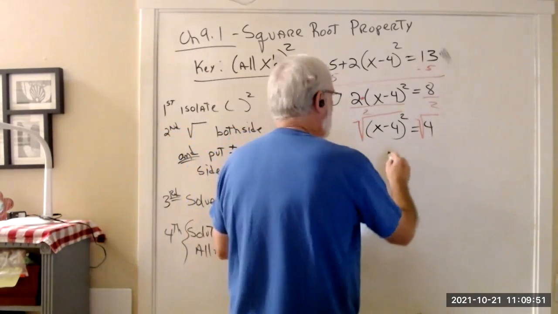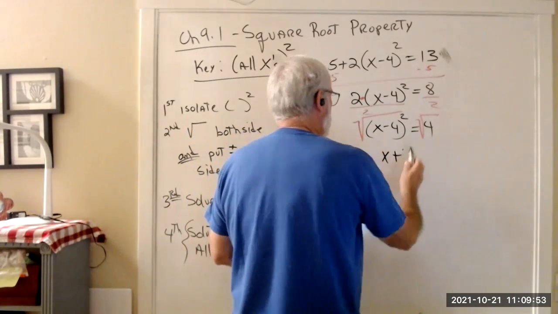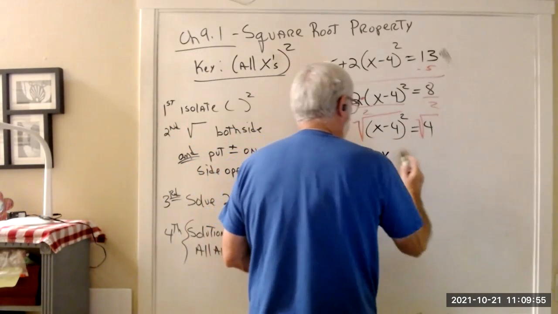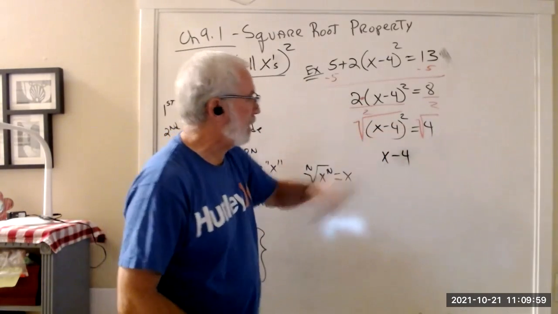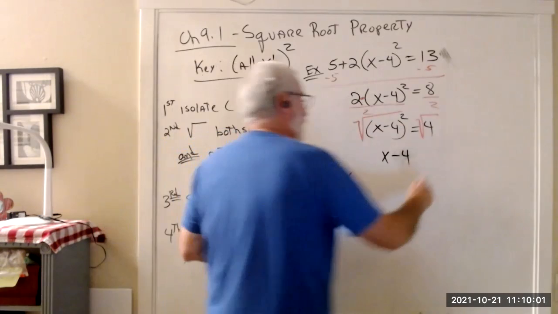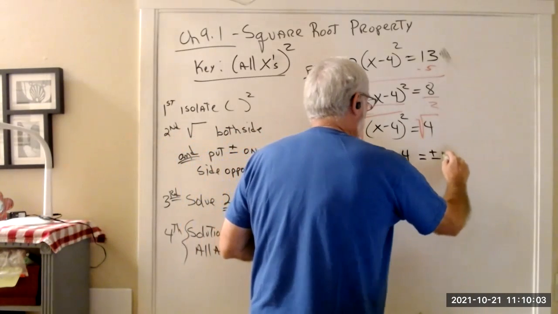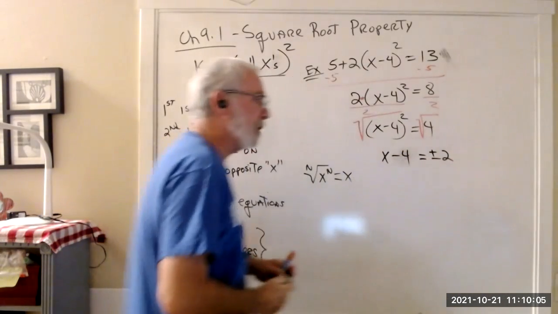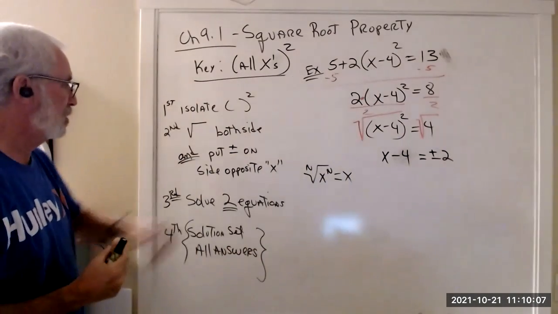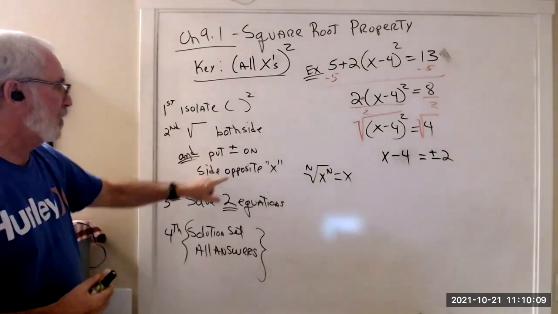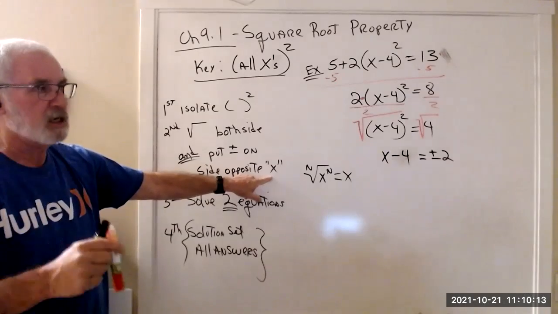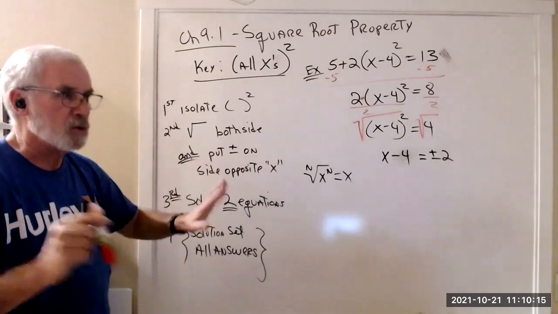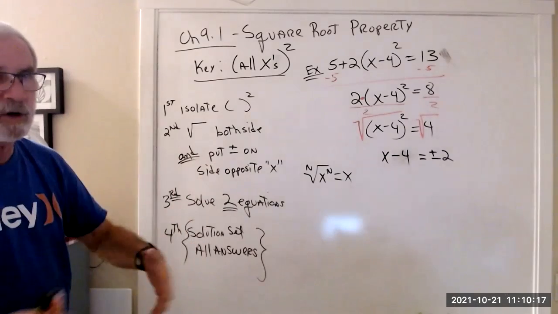This is going to give me x minus 4, sorry, because the square root and the square power cancel. And according to what I just said, I have to put a plus or minus in the problem on the side opposite the x. And again, I'm just saying, just do it. I'll explain it either tomorrow night or next week.